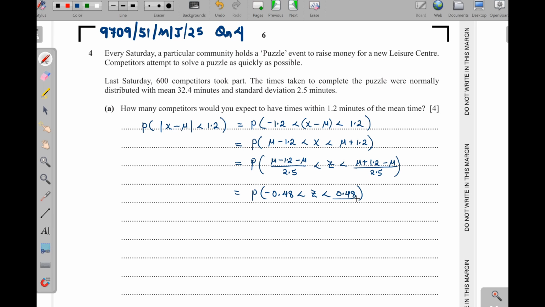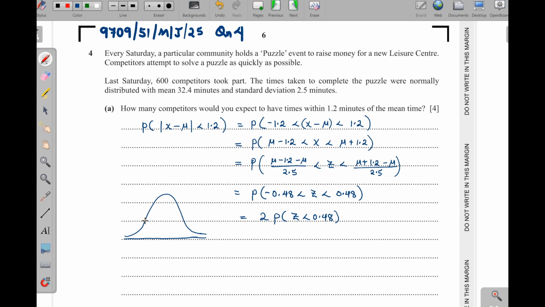Now, when you see that this value is the same as this, but this one is negative, you just say that this one is going to be twice probability of z less than that 0.48. Okay, let me prove where it is coming from. I'm going to sketch this graph here, this bell-shaped curve.